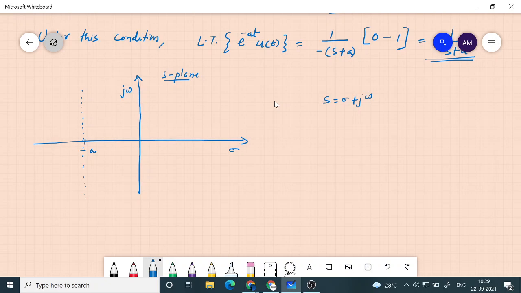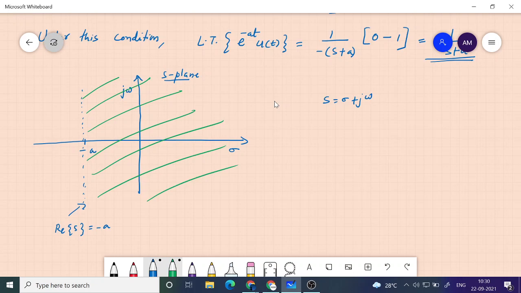This line is basically the real part of s equal to minus a. If it has to be greater than minus a, we are talking about this side. This shaded region is where, if s takes a value, we don't need to worry.